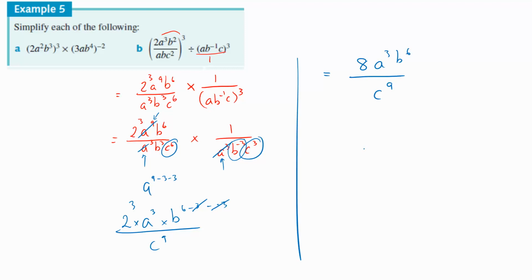Yep, that's fine. Because essentially this is the same thing as writing 8 times a cube times b6 times 1 over c9. Because they're all timesing, you can rewrite it as 8a cube b6, and switching the 9 up becomes c negative 9.